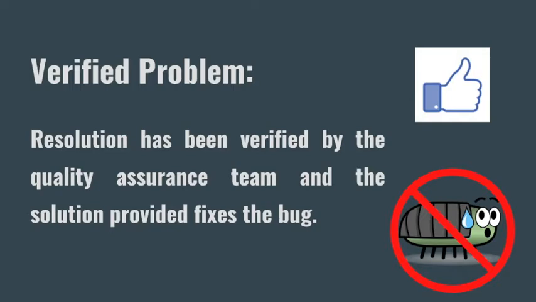Because it could be the case that the code that's going to be shipped maybe doesn't match the fix that we wanted to do, or maybe the developer didn't understand the actual bug fix that had to be done. So the quality assurance team has to come ahead and try to break down your code and see if it actually works, see if it actually fixes whatever had to be fixed, and if the solution provided actually fixes the bug, it could be launched or shipped to production.